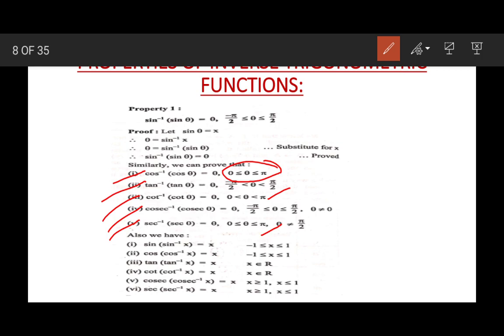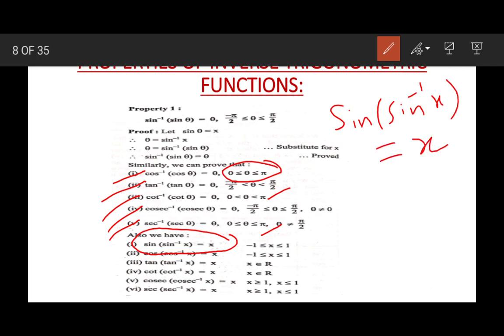Okay, and opposite of this, we also have sin inverse of sin x, that is also equal to x. Similarly we can prove this also.